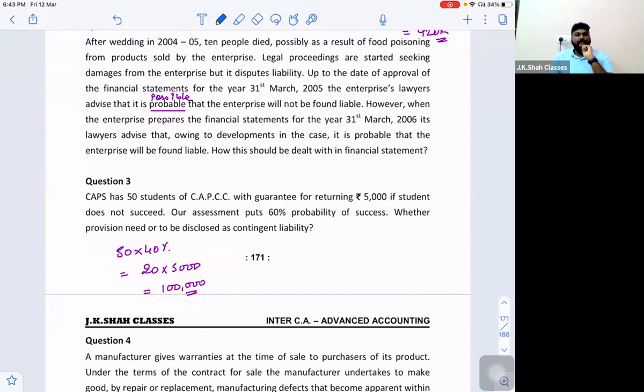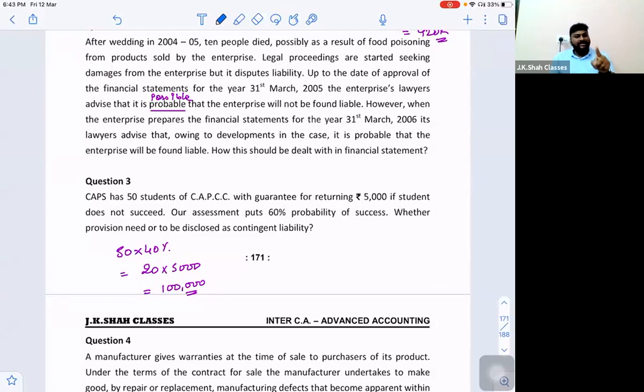But if you take it batch-wise overall, it is as good as a service provided with a guarantee. So you have to create a provision, because if I am providing service to 50 students as a whole and 40% will fail, then 20 students are definitely going to fail.